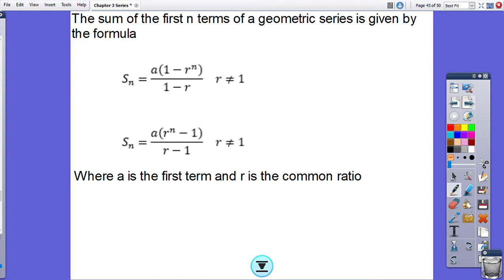The reason is that with the top formula, if r is less than 1, you get positive numbers out of 1 minus r, and if r is greater than 1, you use the bottom one just to make it slightly easier. Either formula will work, but it depends on your value of r, which makes it easier to use. Okay, moving on swiftly.